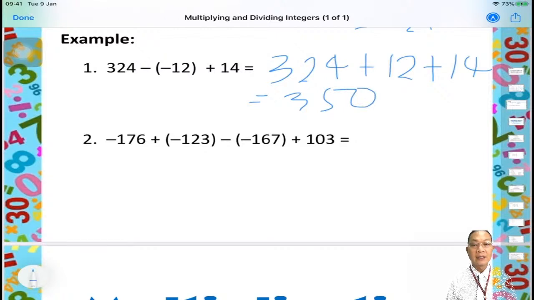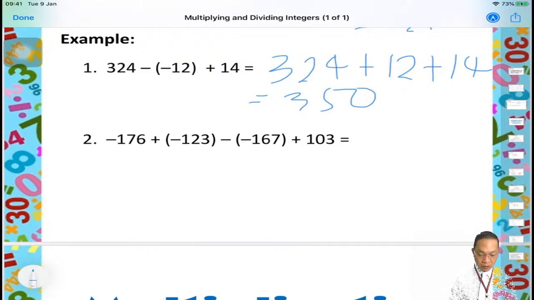All right. May I see who got the correct answer? Some are still answering. So the answer for number 5 is negative 21. Okay, 350. Very good.